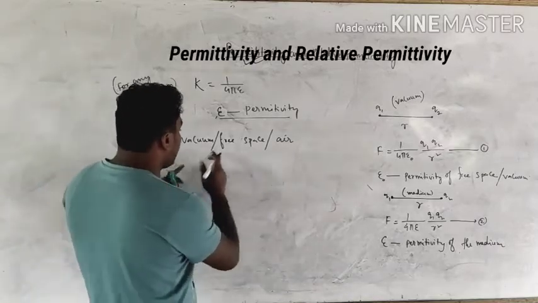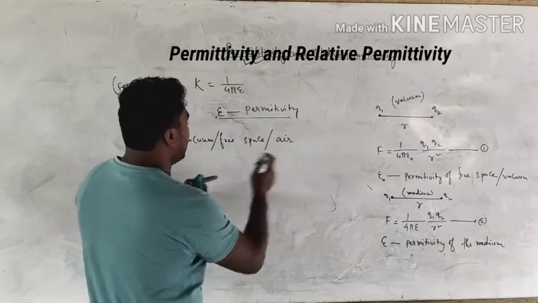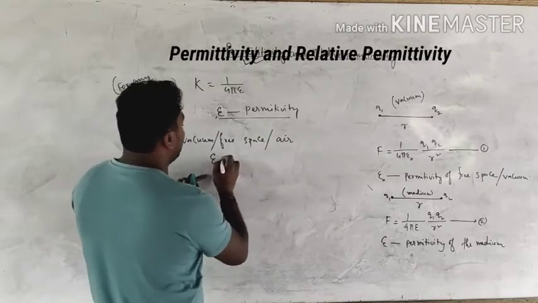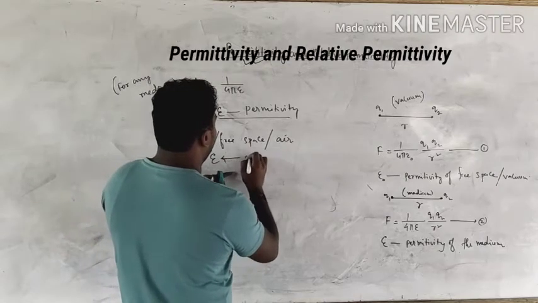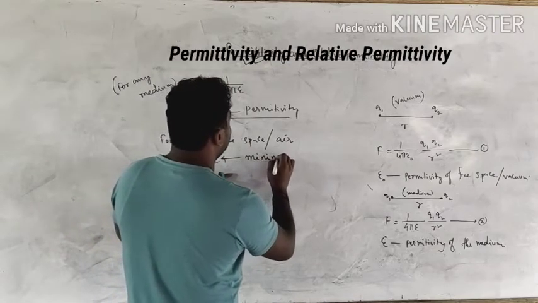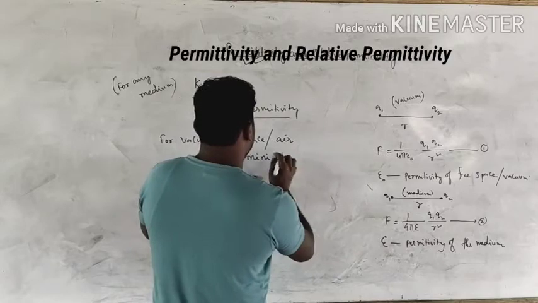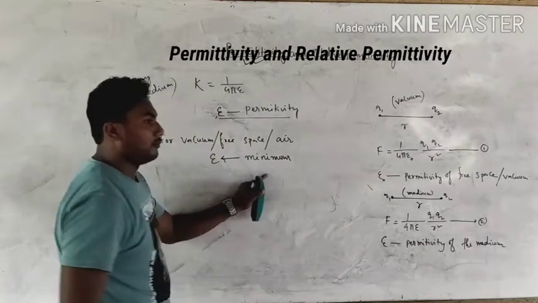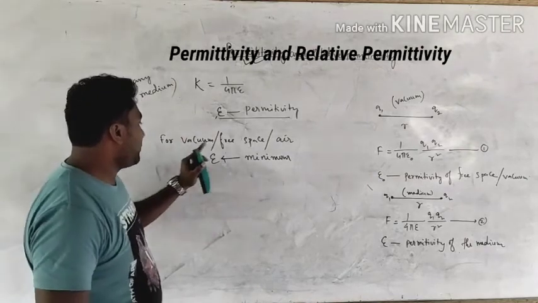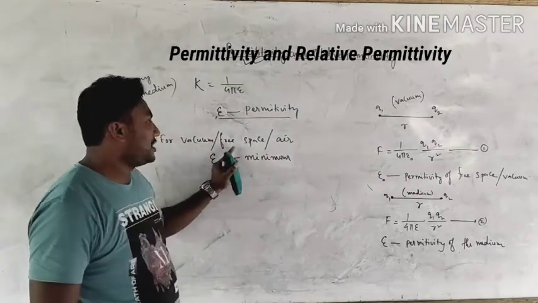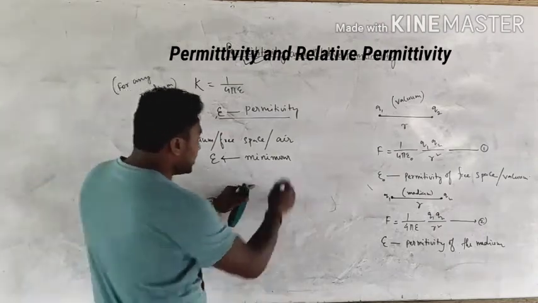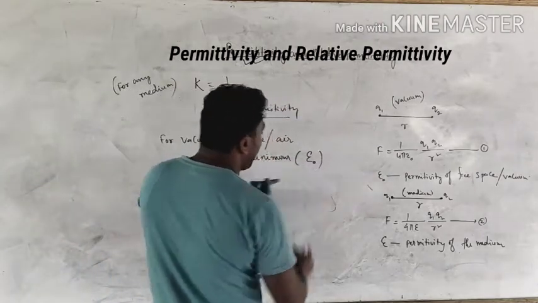So for vacuum or free space or air, remember that the value of epsilon is minimum. It is considered to be epsilon naught.